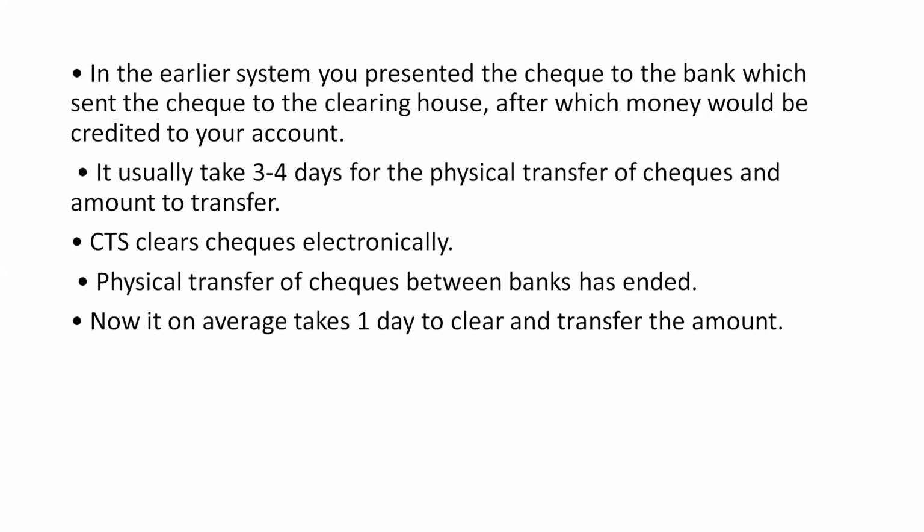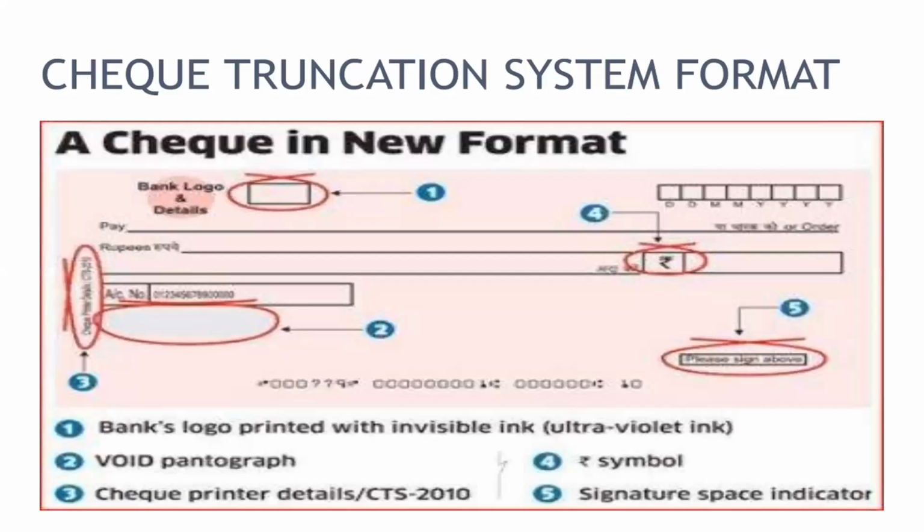Physical transaction of a check between the banks has ended now. There is no physical transaction, and now it takes on average 1 day to clear the transfer of the amount from any bank. If you see the check which you are having in your hand today, for truncation purposes, some things are very important, and those things are electronically developed.